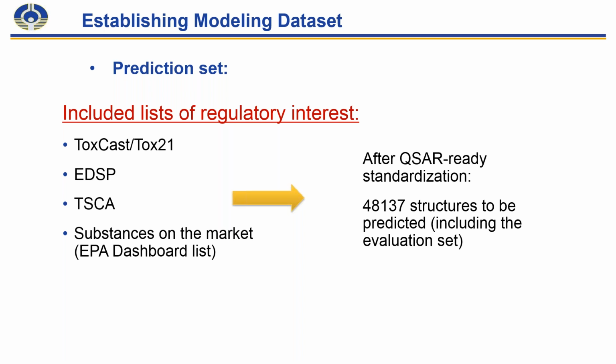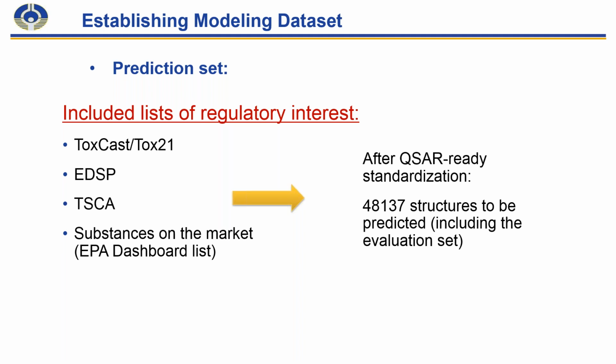So everybody uses the same training set to train their models, but everybody's using slightly different algorithms and slightly different feature sets and molecular descriptors. They have their favorite ways of approaching QSAR modeling, but they're all using the same training set. And then there's about a 3,000 chemical evaluation set that's hidden within this 48,000 prediction set.